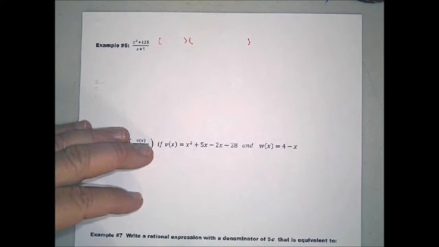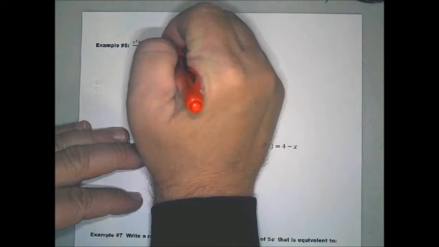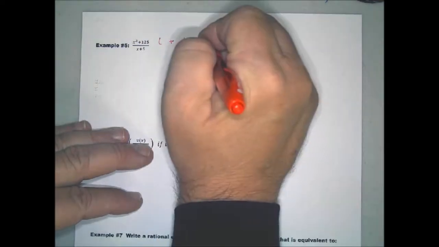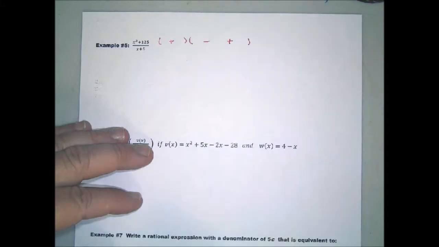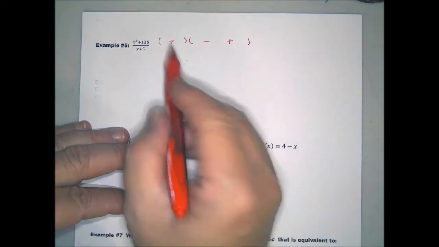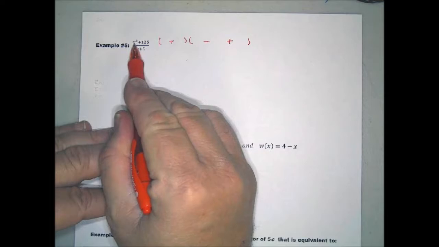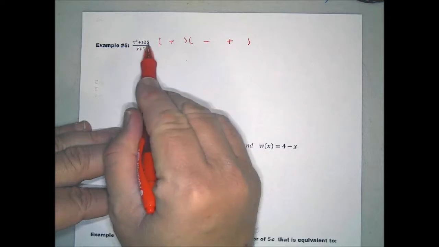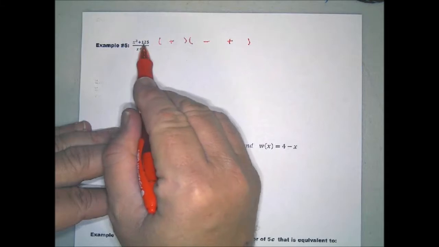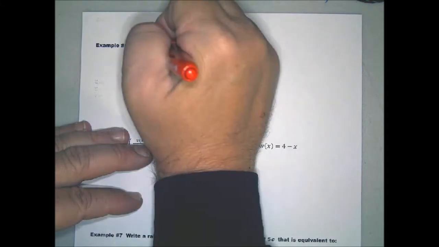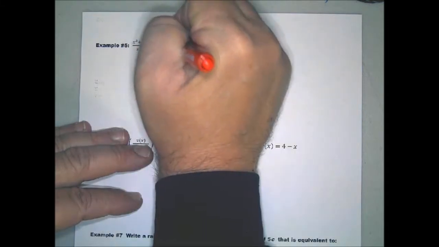The first factor is a binomial, so I'm going to make a smaller set of parentheses. And the second factor is a trinomial, so I'm going to make a larger set of parentheses. And I'm going to use the acronym SOAP to tell me what signs go where. Same, opposite, always positive. And now I'm just going to fill in with the coefficients. This is x and this is 5, because x cubed is x cubed and 5 cubed is 125. So this is made up of x and 5.